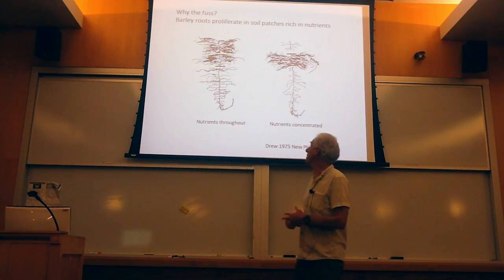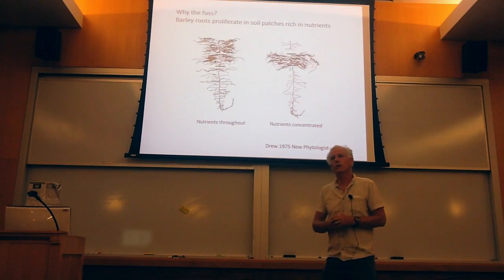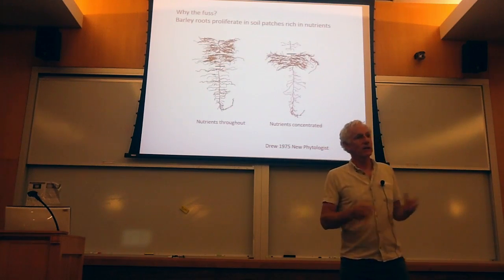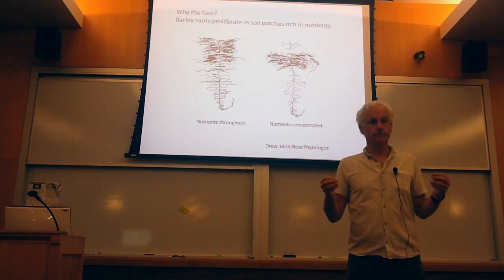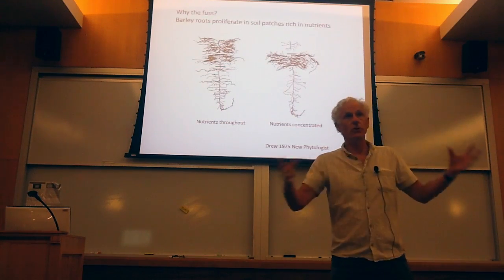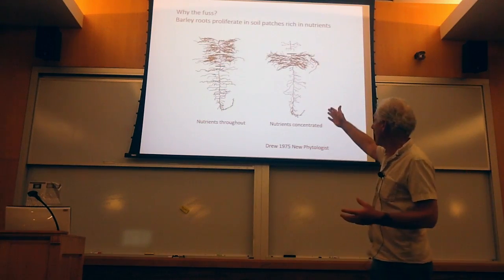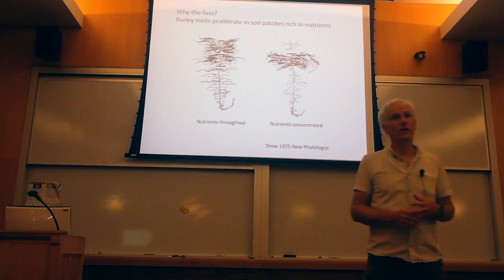In this particular experiment, and this is quite old work from 1975, these barley plants were grown either in an environment that was homogeneous, that was rich throughout in terms of nutrients, and that's the case for this plant on the left.